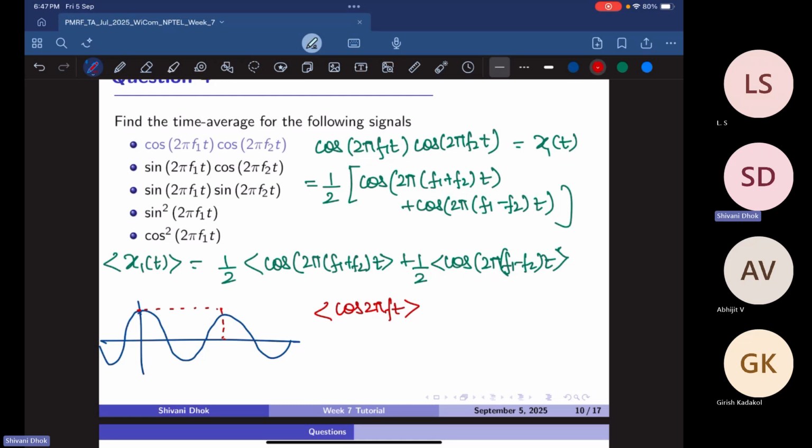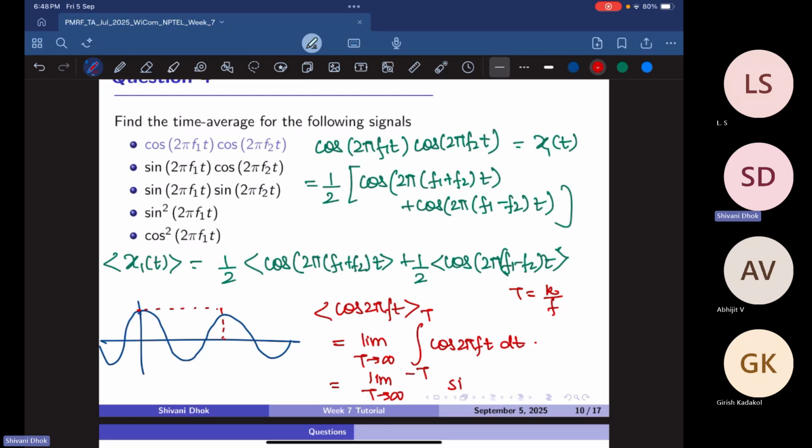We take the limit as capital T tends to infinity, integrating from minus T to T, where T is some integer multiple of 1 over f, of cos 2 pi ft dt.